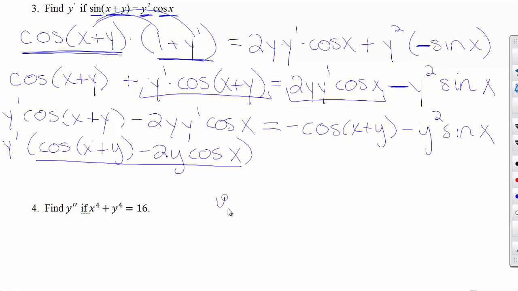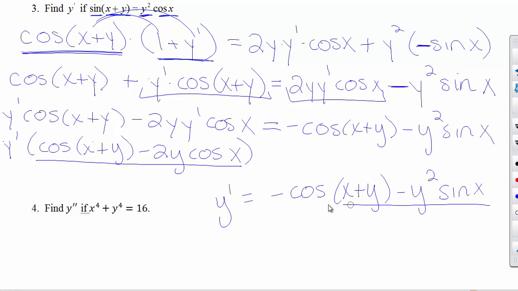So my answer would be the right side, which is negative cosine of x plus y minus y squared sine of x, divided by cosine of x plus y minus 2y cosine of x. So I apply my rules and then solve for y prime.